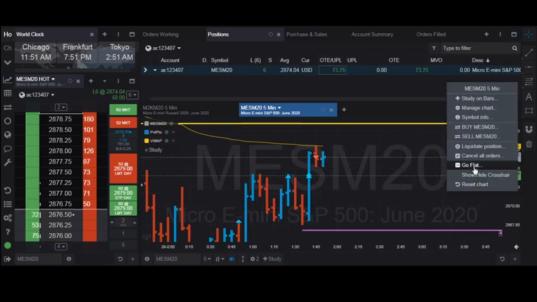I prefer to go flat in case. Alright, looks good. 88. So we are expecting more actually. Any price jump will trigger my immediate exit for both sides.